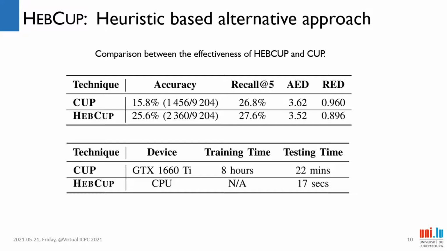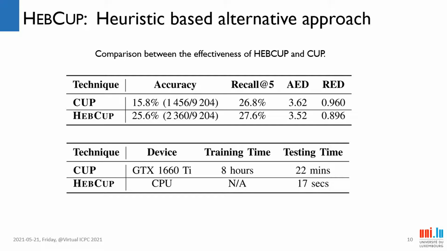We compare HebCup with CUP regarding effectiveness and efficiency on our cleaned dataset. The first table reveals that HebCup outperforms CUP on all metrics. Specifically, its accuracy value is about 16% higher than CUP's.